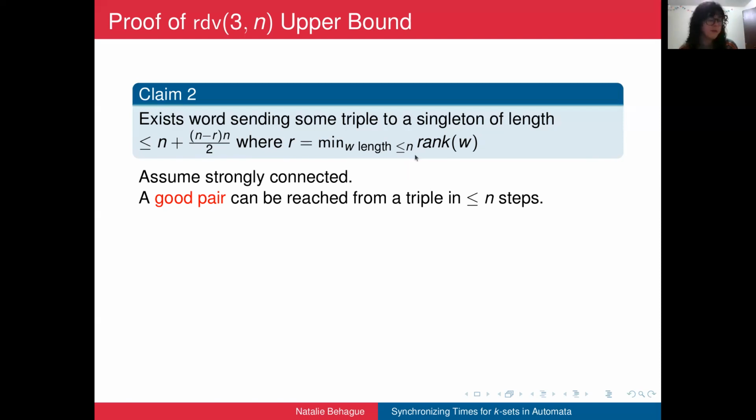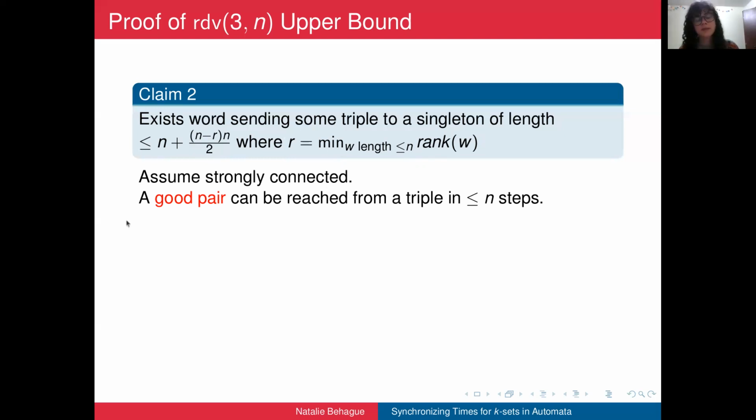And it's safe to assume that it's strongly connected, because if you have an automaton that's not strongly connected, you can reduce it to a strongly connected one by just looking at all the states that do send to each other, the sync states, we call them sometimes. That's a slightly technical condition that basically means that we can find a word sending any state to any other state.